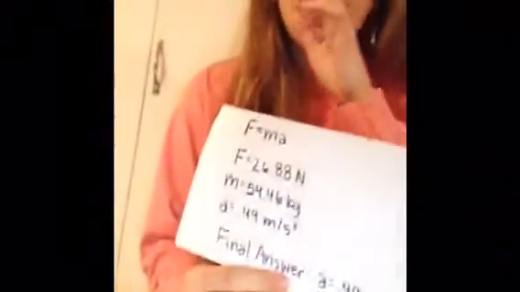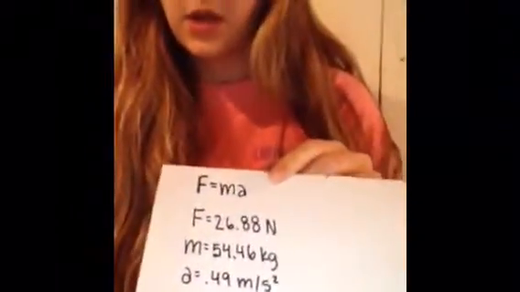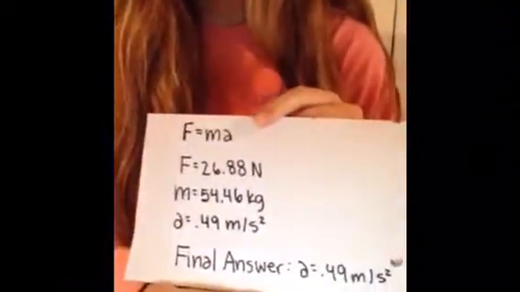Hi, I am Mariah, and I am the third member of this group along with Daniela and Emma. So for the conclusion part of this experiment, just to recap how we found our final answer, we used the equation F equals ma. Like shown in the analysis and calculations, we found that the force equaled 26.88 newtons. We also found that the mass equaled 54.46 kilograms.